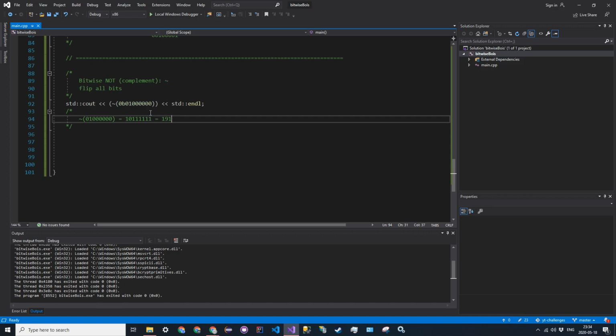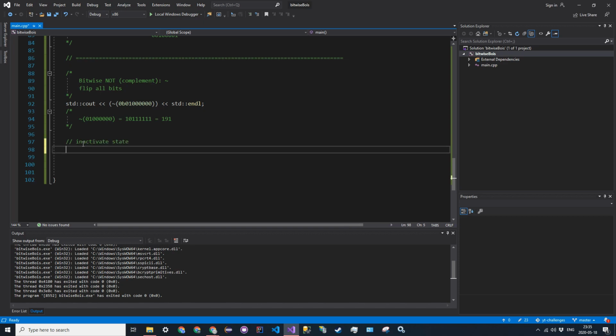You can use this to actually inactivate a state. The way you can do that is to AND the bit with 0, which will always result in 0. But we have to keep the others untouched.